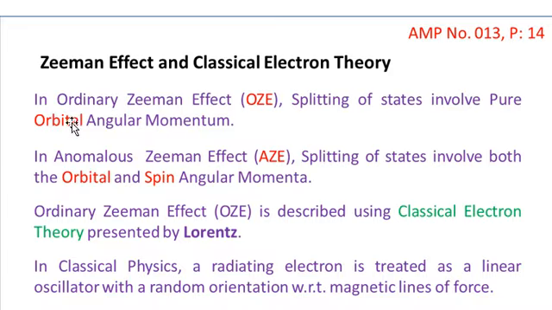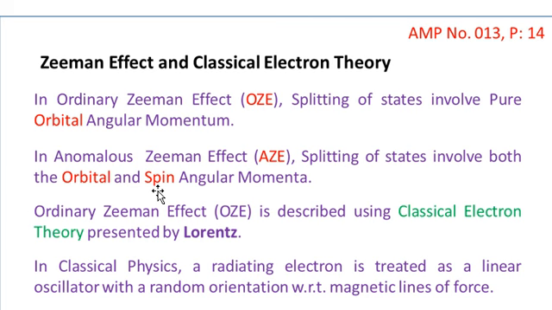That is, we have orbital angular momentum and the pure orbital magnetic moment, and the spin things are absent. But in the anomalous Zeeman effect, which we abbreviate as AZE, splitting of states involves both orbital and spin magnetism. So when an atom has both the orbital magnetism and the spin magnetism, then we can observe the anomalous Zeeman effect.